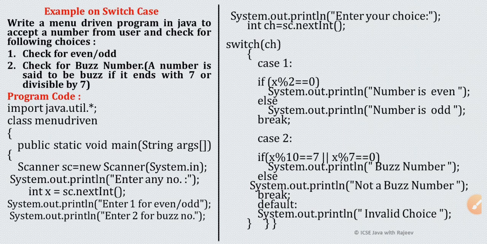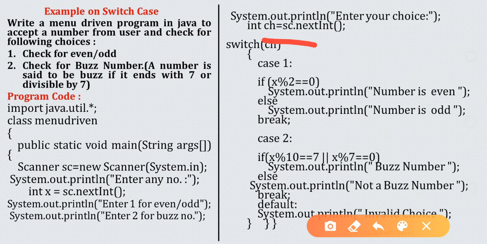If the user wants to execute the code for buzz number, the user will enter choice 2. After specifying these choices, I accept the choice from the user, which choice the user wants to enter. That choice I am accepting in the ch variable. That choice I am passing to this switch case block.